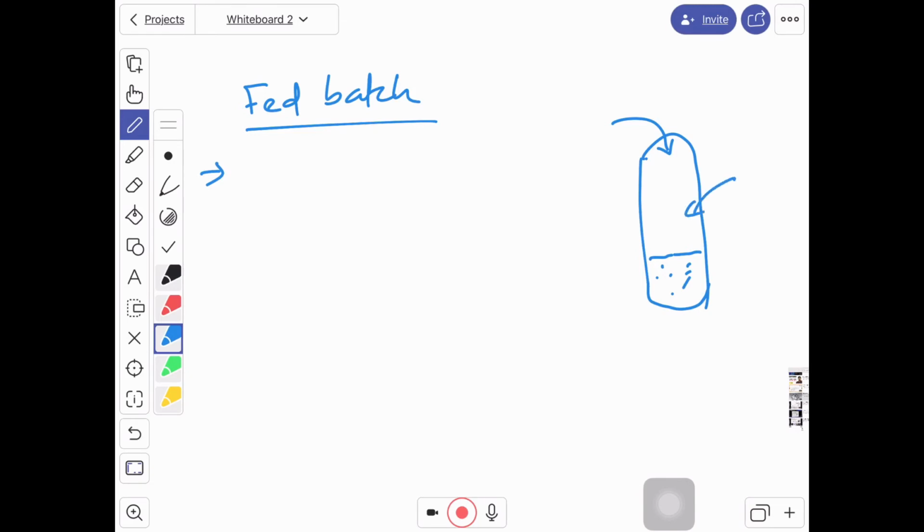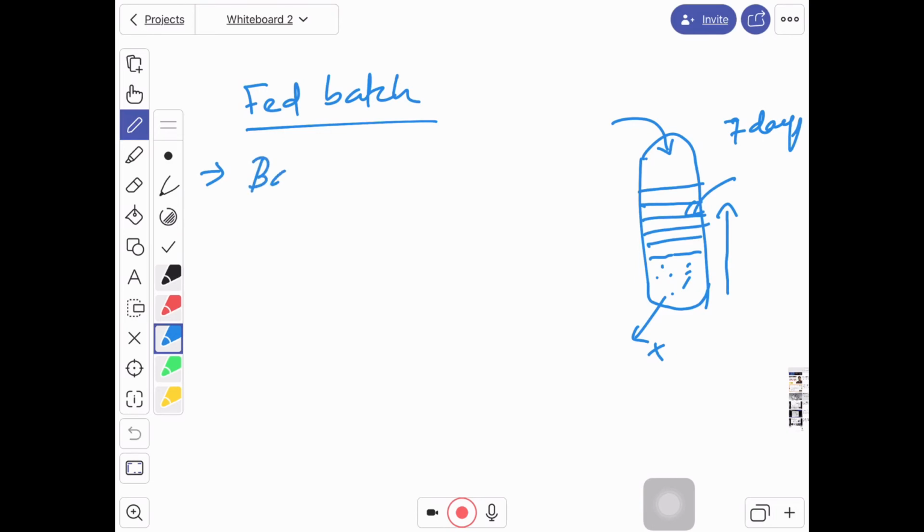Suppose the culture is running for 7 days. After every 1 day, we will be adding some amount of substrate to this. So what happens? Day by day the volume gets increased. We are not removing any volume of growth medium in between the process.